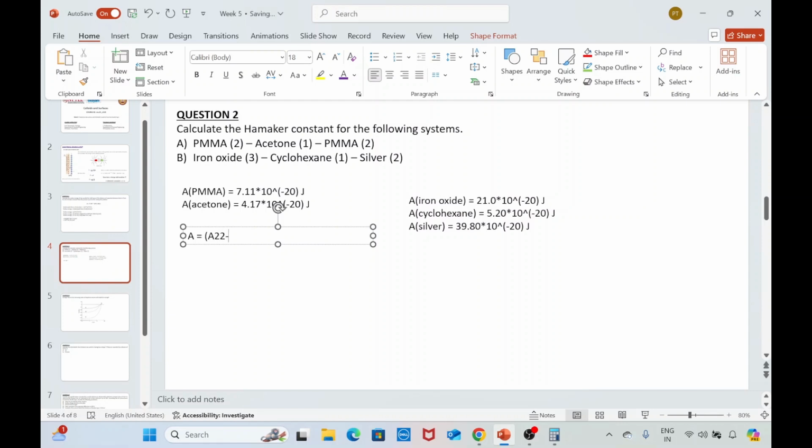It's A22 to the power 0.5 minus A11 to the power 0.5. So this is the expression if two similar particles are separated by a different medium like acetone.